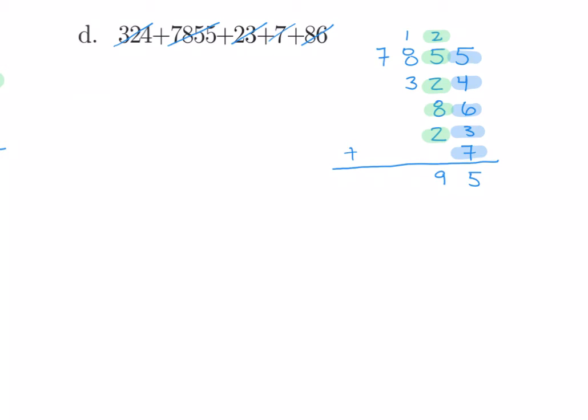Next column, we have 8 and 3 add to 11, plus 1 gives me 12. And finally, 1 plus 7 is 8. So my final answer is 8,295.